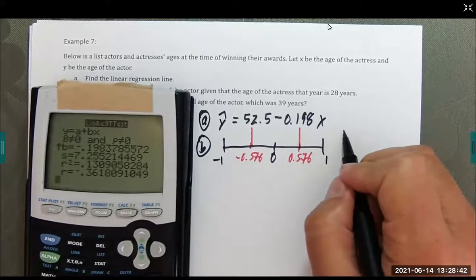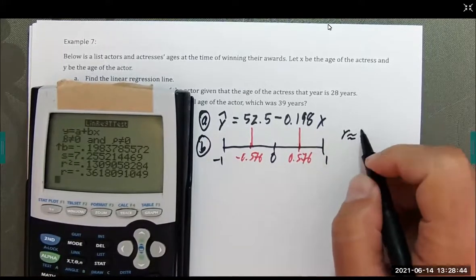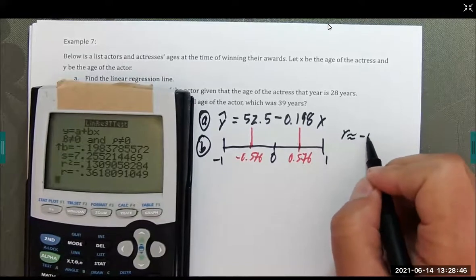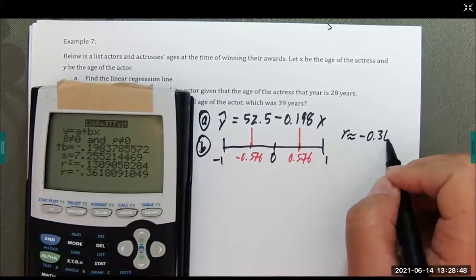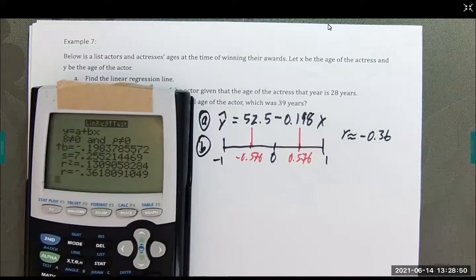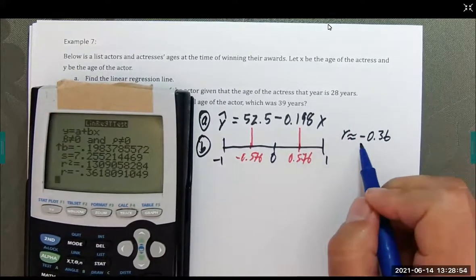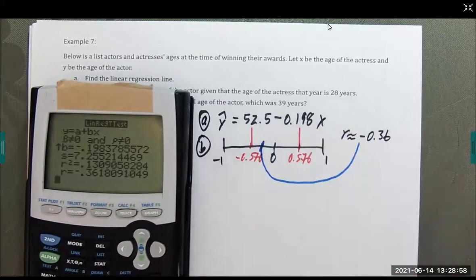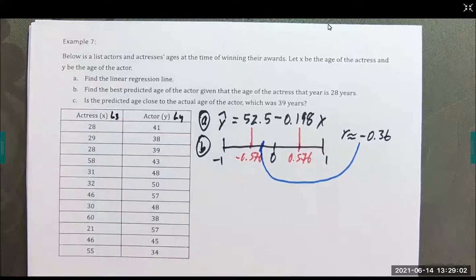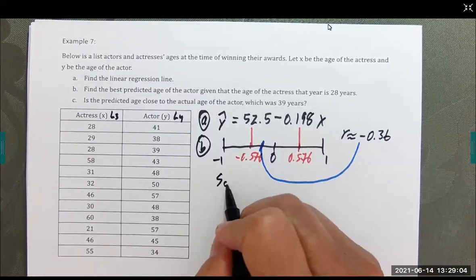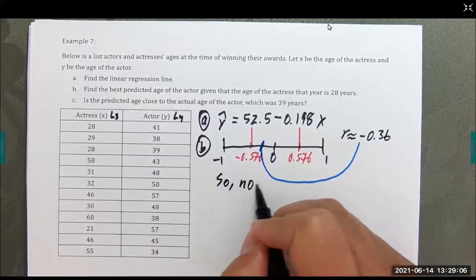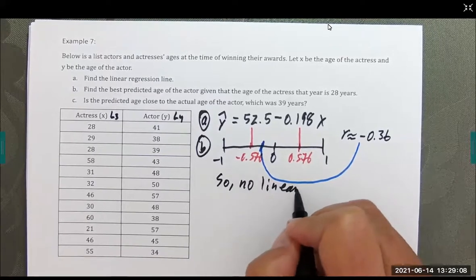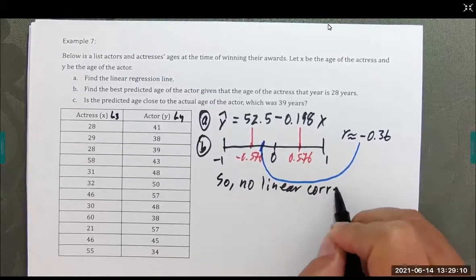R is about negative 0.36, which is in between, which tells us there is no linear correlation. So no linear correlation.